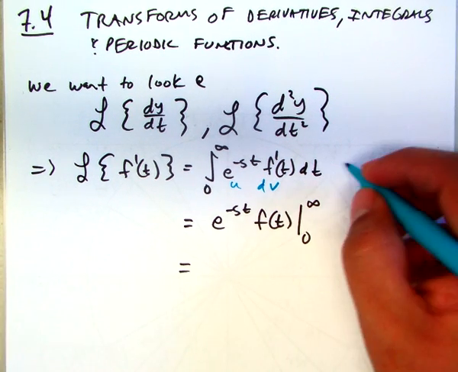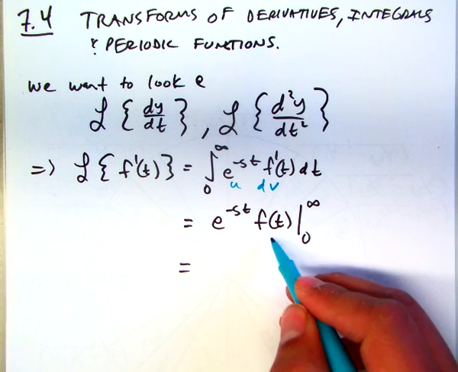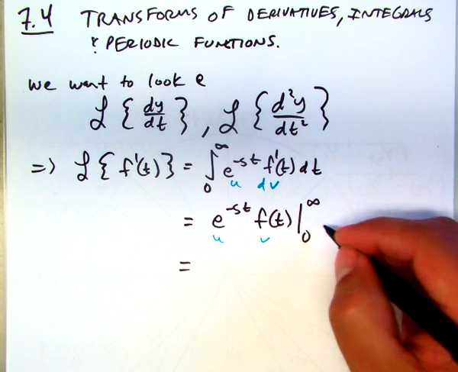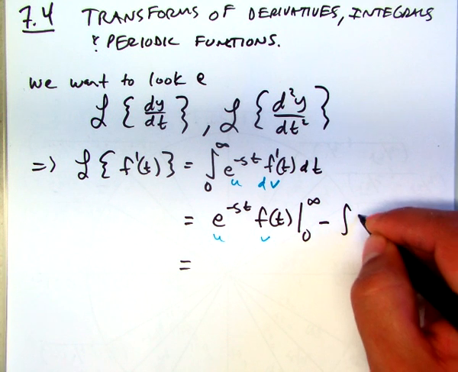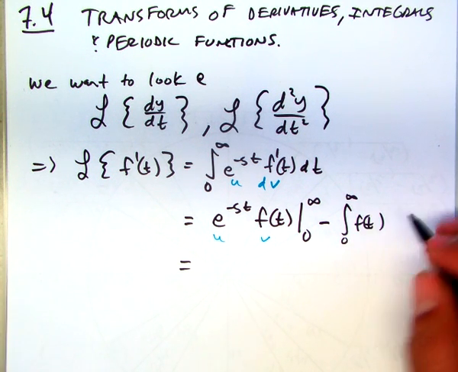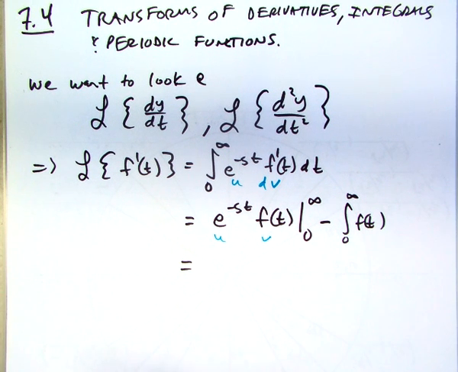So then when you integrate, you get uv. So here's our u and v minus the integral of v du. So that would be the integral of f of t, 0 to infinity, and then du would be negative s. So let's make this a plus.